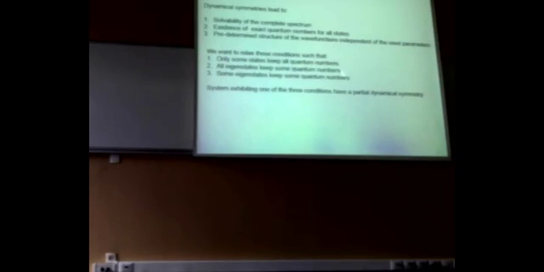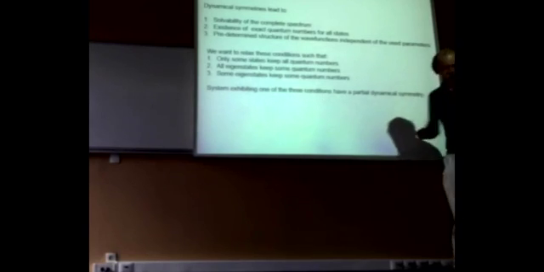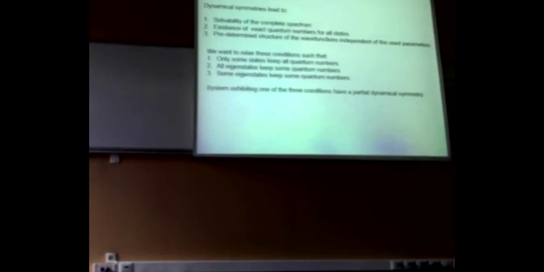Another possibility is to combine both, so that some eigenstates keep some of the quantum numbers. Systems exhibiting one of these three conditions have a so-called partial dynamical symmetry. We will see that with some concrete examples.